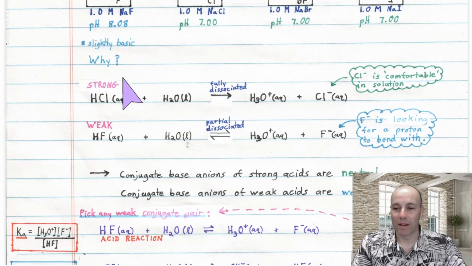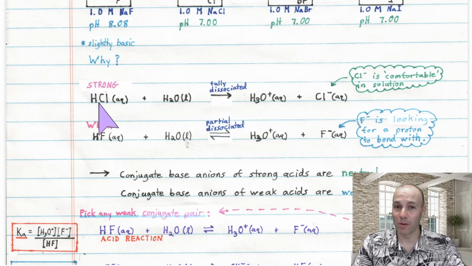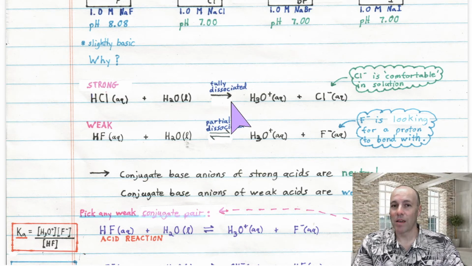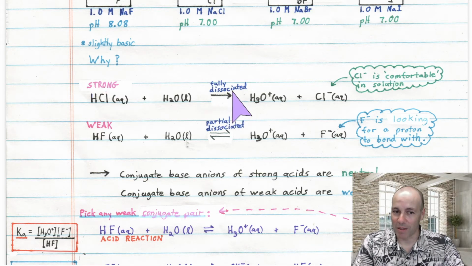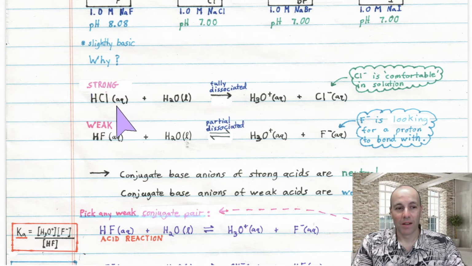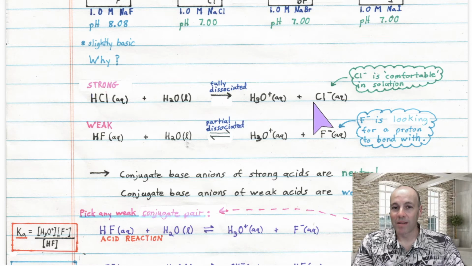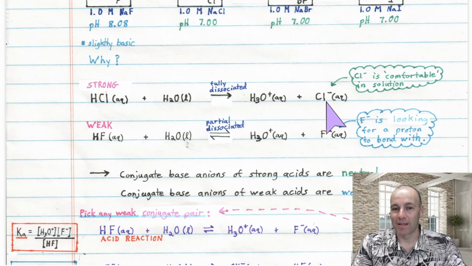I've written the chemical equations for what those acids do when they're in solution. First, hydrochloric acid. Let's see what that one does. Hydrochloric acid is one of the 6 strong acids, and like all strong acids do, it fully dissociates in solution, as acknowledged by this one-way arrow here. So all of the HCl molecules will dissociate into protons and chloride anions.